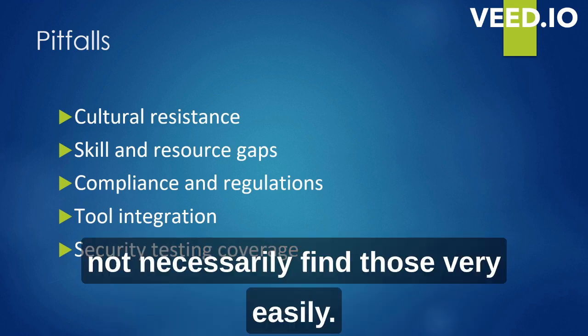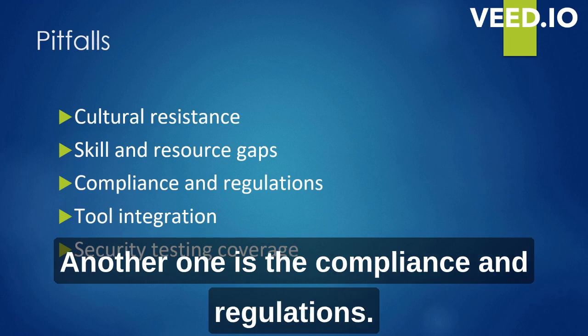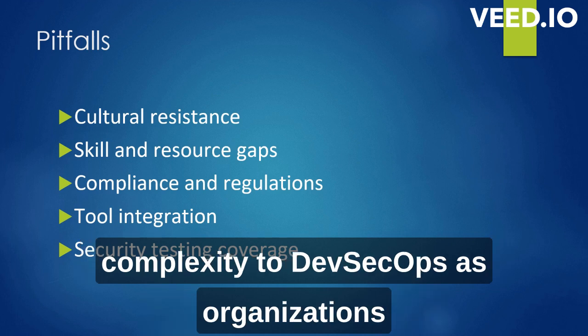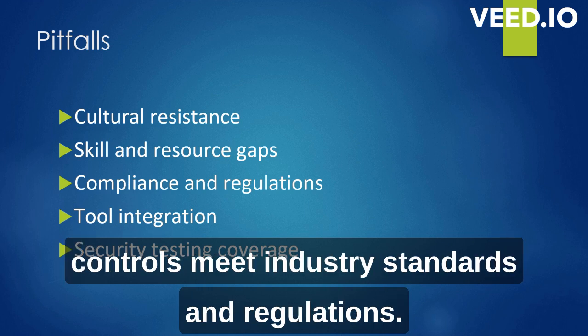You can't necessarily find those very easily, and so there's a very large gap for that one. Another one is compliance and regulations. Compliance and regulatory requirements can add complexity to DevSecOps, as organizations must ensure that their security processes and controls meet industry standards and regulations.